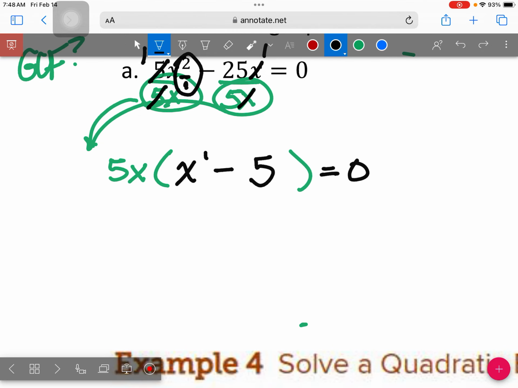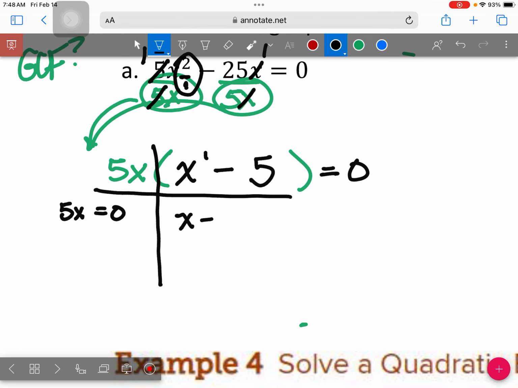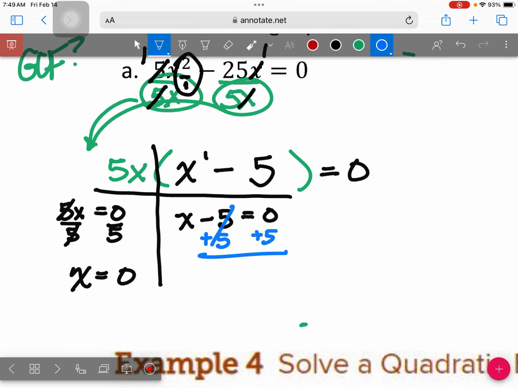Okay? So I'm going to put this like this to help me remember each of these could equal 0. So we say the first term, 5x is equal to 0. And x minus 5 is equal to 0. So to solve for x, divide by 5, divide by 5. X is equal to 0. Over here, add 5. Add 5. 5's cancel out.